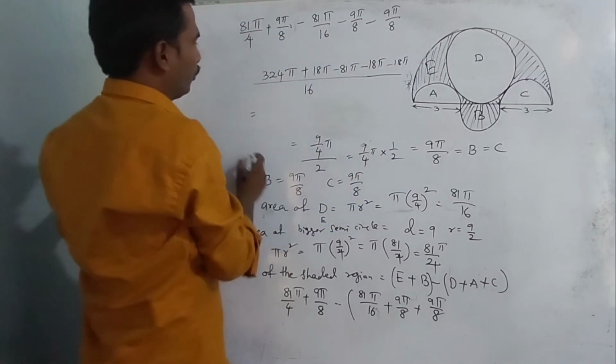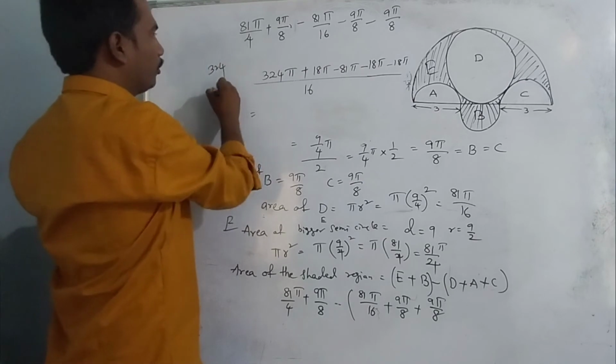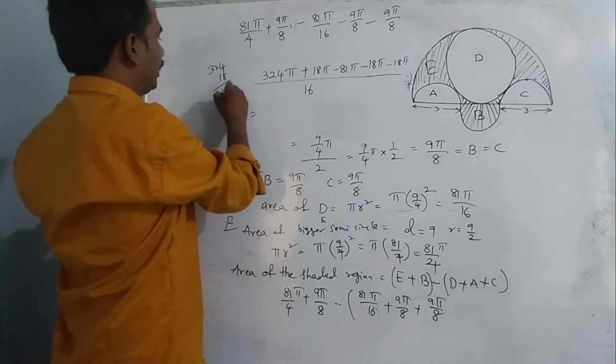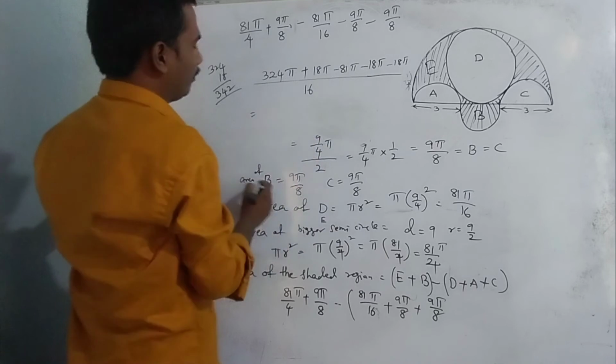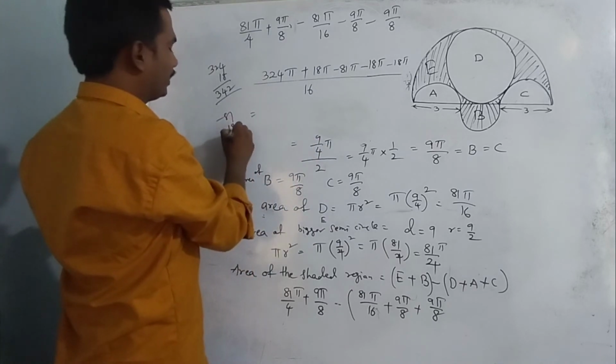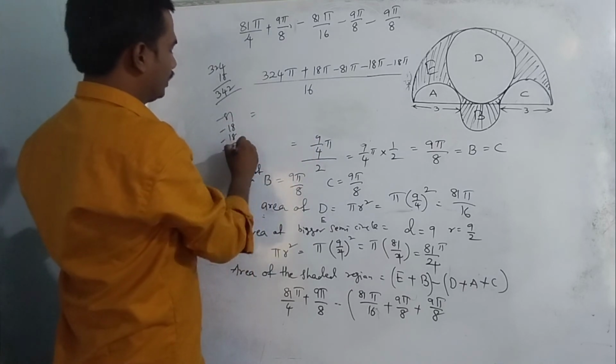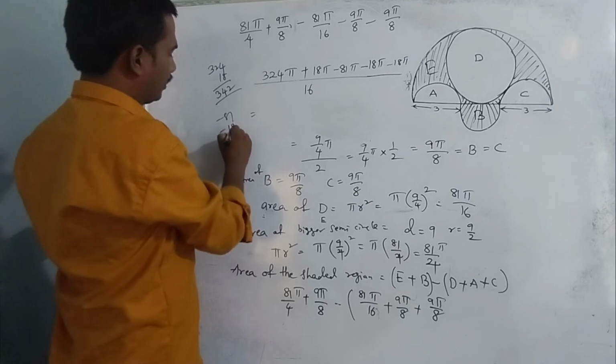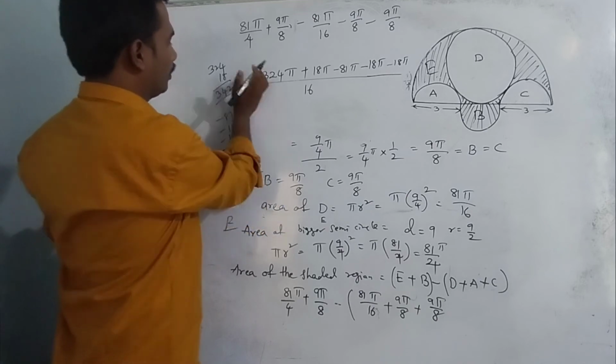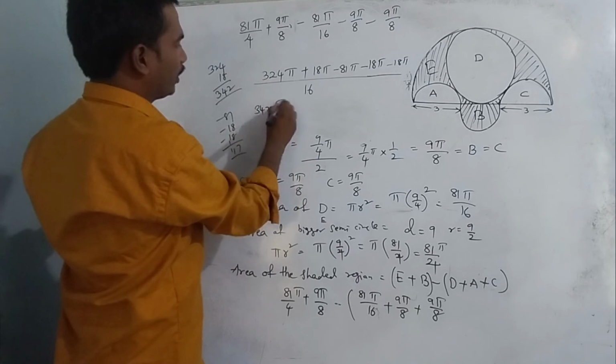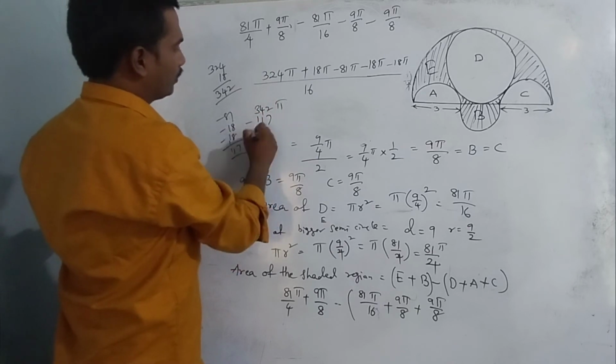Finally, 324 plus 18 is 342. That is the plus values. And minus values: minus 81, minus 18, minus 18, which is 117. So 342 minus 117 pi.